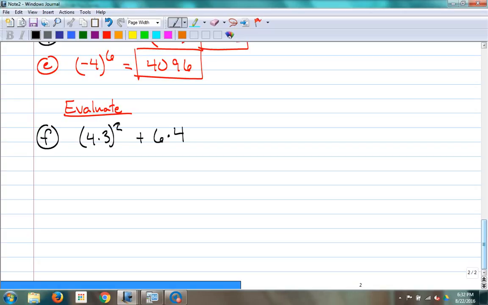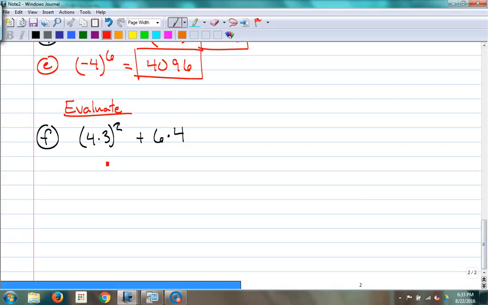That's fine with me. I just want you to understand what should happen first. What should happen first here? Parentheses. So 4 times 3 is going to happen first. Then we're going to do what? The exponent, so square the 12. And then multiply the 6 times 4. And the last thing you're going to do is add.